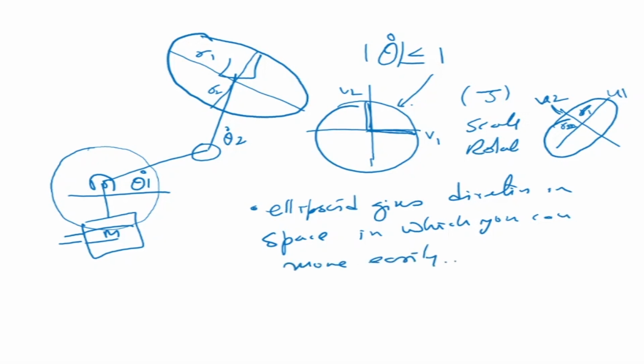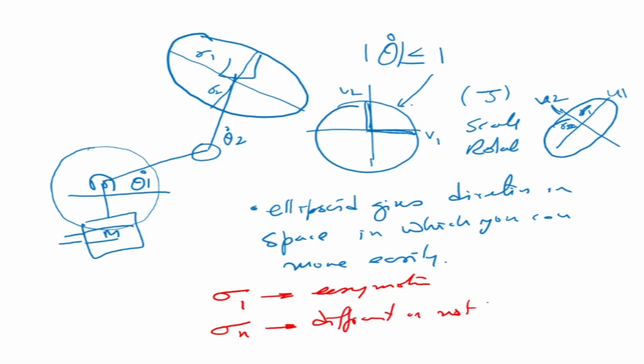So you can move very easily towards sigma 1. Sigma 1 means easy motion, and sigma n, the last one, will mean difficult or not possible motion. This is what it means.